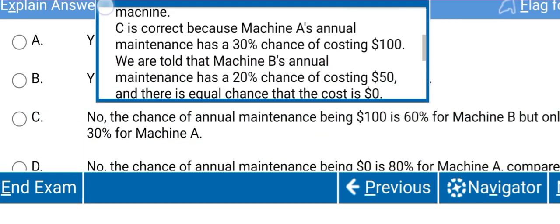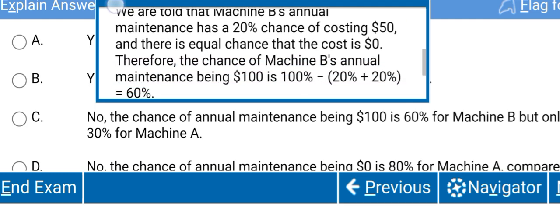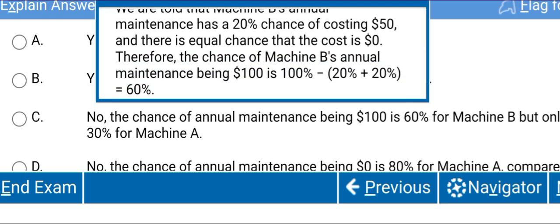C is correct because machine A's annual maintenance has a 30% chance of costing $100. We are told that machine B's annual maintenance has a 20% chance of costing $50, and there is equal chance that the cost is $0.